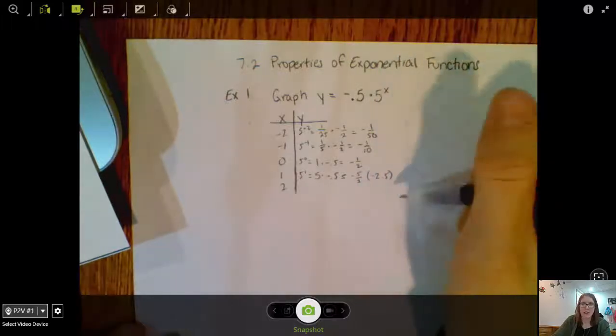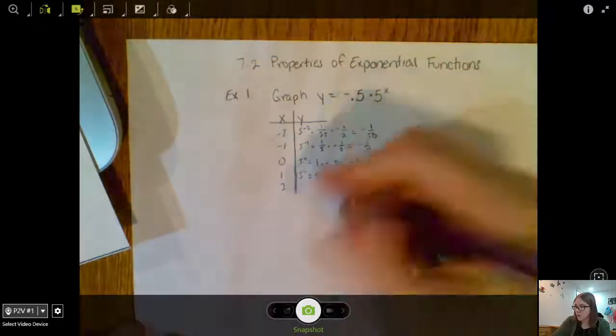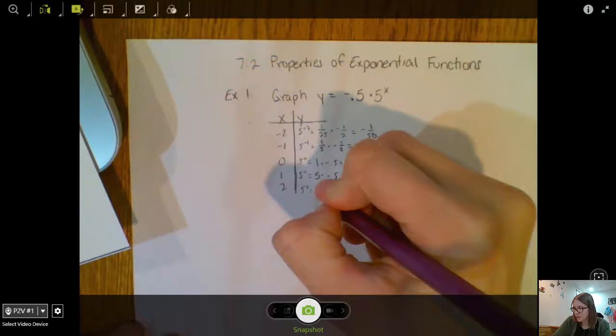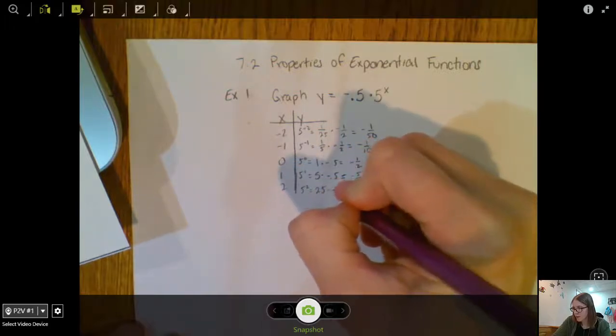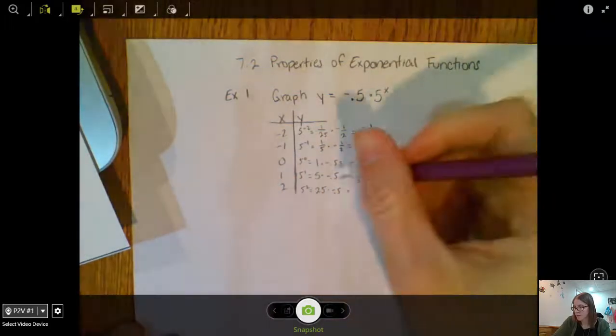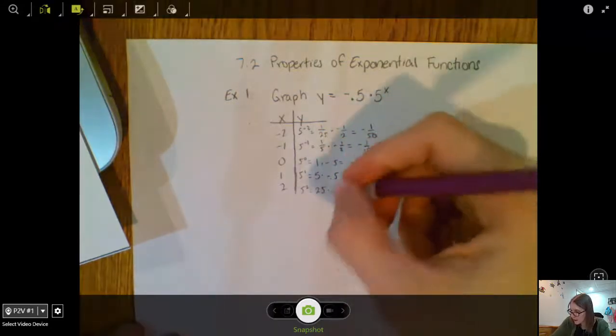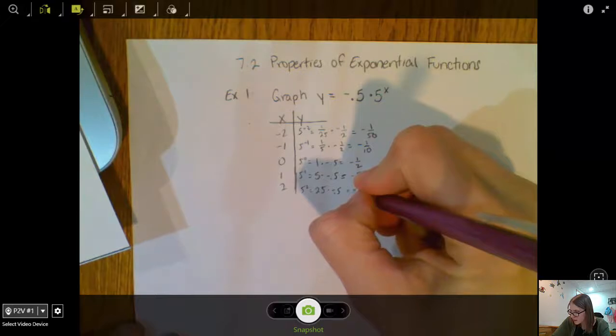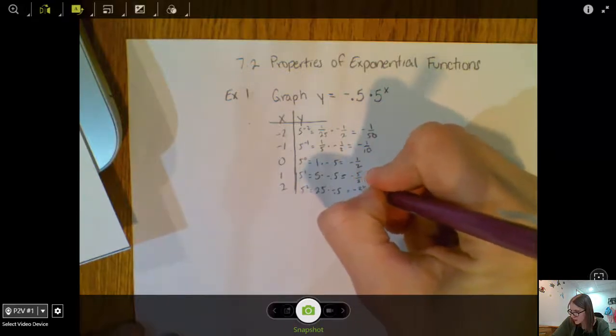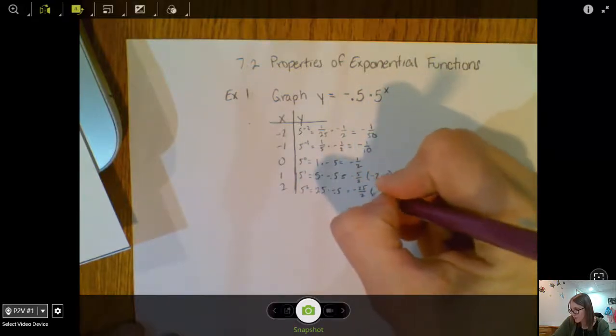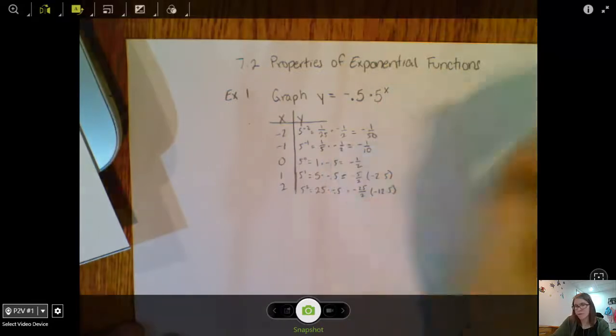This is a little bit easier to think about when we go to graph. And then plug in 2: 5 to the 2nd power is 25 times -0.5. 25 times -0.5 is -25 over 2, or -12.5.